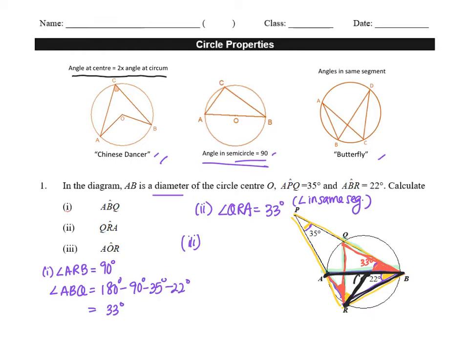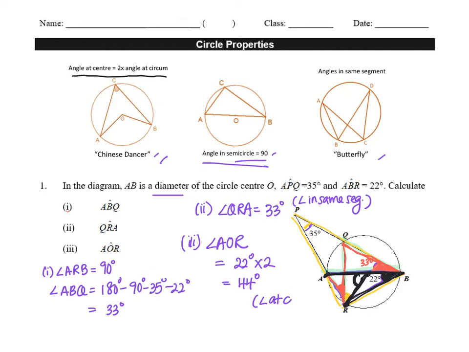Angle at the center, smiley face, is equal to twice the angle at the circumference. So the angle at the circumference over here is the angle 22. So therefore, angle AOR will be 22 degrees times 2.